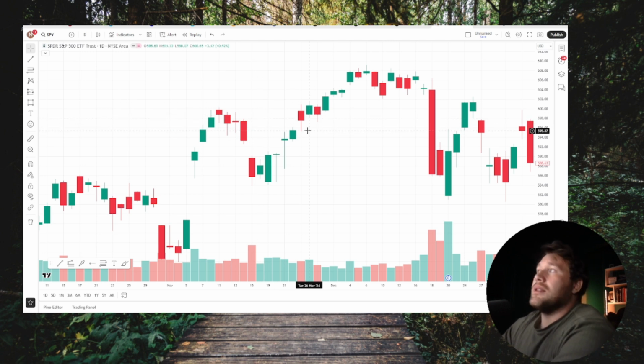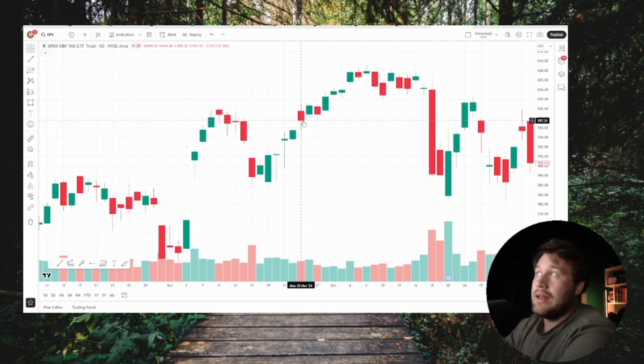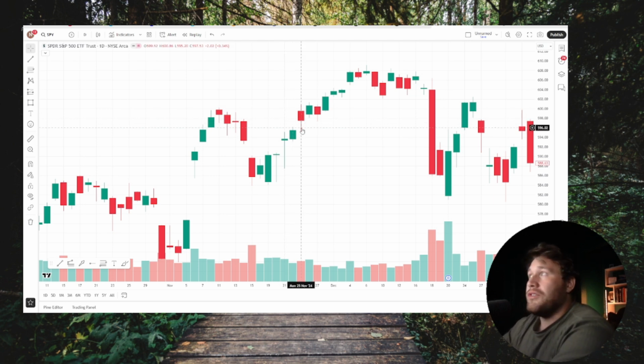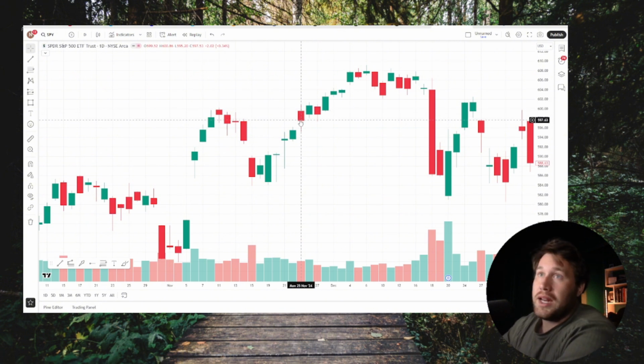The wick to the bottom shows us where price extended to at some point in the day. And then the bottom of the body tells us where price ended for that day. So what's going on there is sellers drove this down and buyers brought it back up. And this is where they finished on the day, which was down, which formed the red candle.